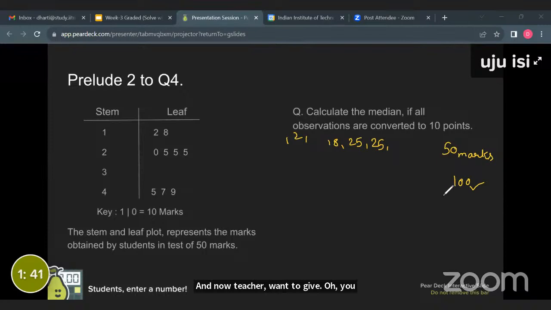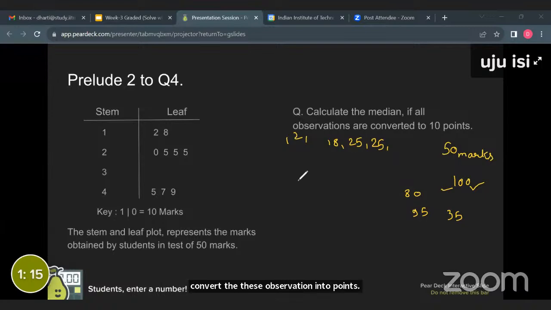Some people will get 80 marks, some will get 95 marks, some will get 35 marks. But the teacher wants to put these values in a 10-point scale. So how will they do it? How can we convert these observations into points?